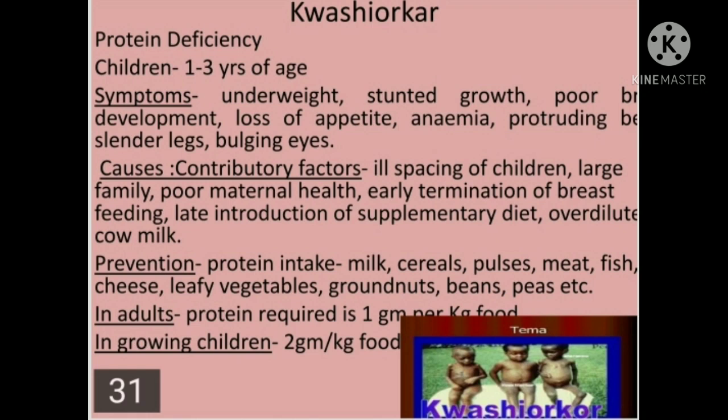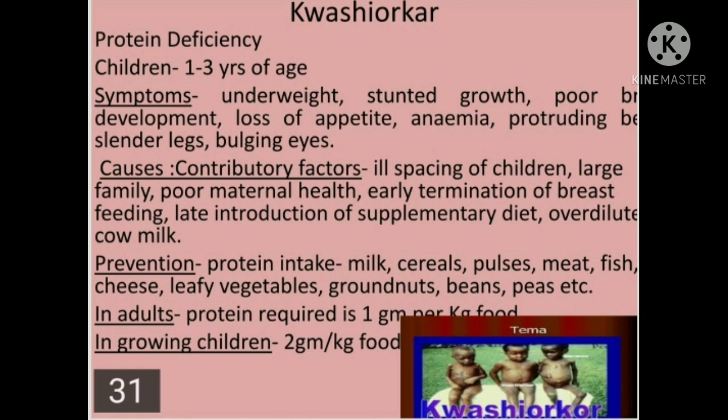The legs become very slender, very thin. And bulging eyes. The eyes come outside, as if they are coming out. So it is called bulging eyes. All these are the symptoms of Kwashiorkor disease.